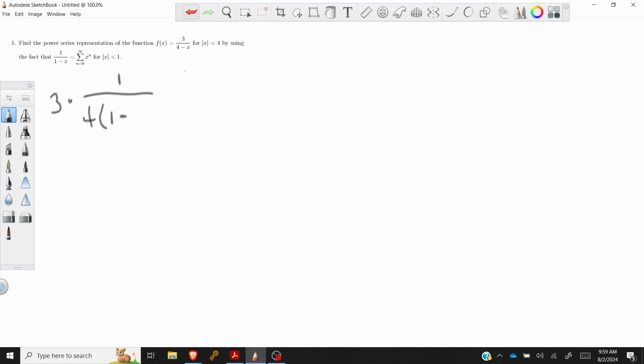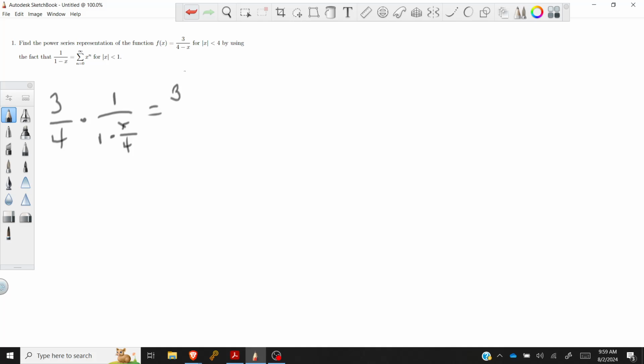It's going to be 1 minus 1/4 x. So that whole thing is going to simplify down to that. And that looks like our 1 over 1 minus r formula.